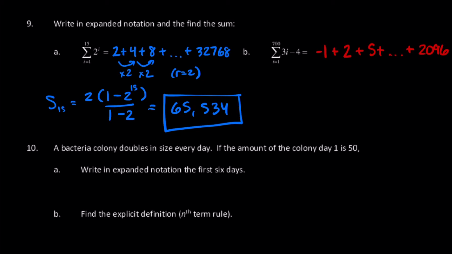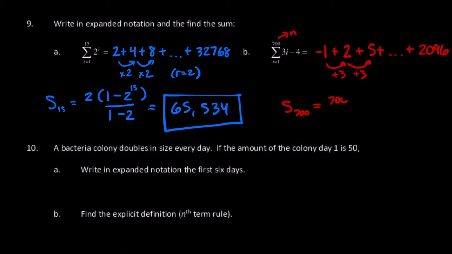So again, I'm certainly not going to calculate all 700 of these numbers and then add them in my calculator, but I do want to come up with a formula. So take a look. What are we doing each time? Negative 1 to 2, 2 to 5, well, I'm adding 3. Since I'm adding 3, this is arithmetic. I'm going to use my arithmetic formula to find the sum of the first 700 terms. Remember here, that tells you how many terms you have.